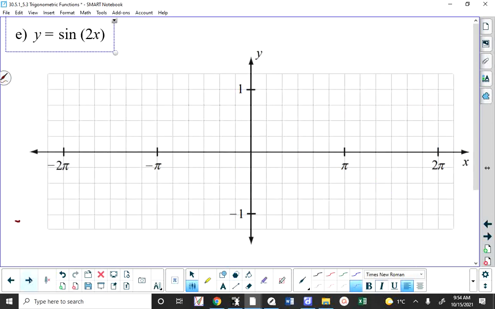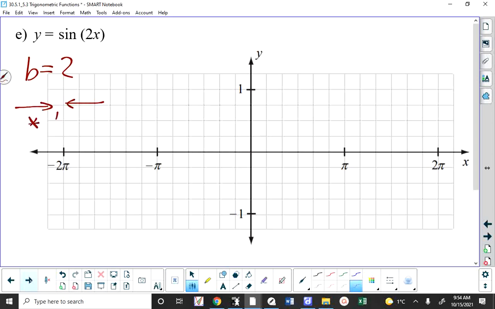So now we have a B value. I hope you recognize that what we're talking about here is B equals 2, which means there is a horizontal stretch by a factor of 1/2.